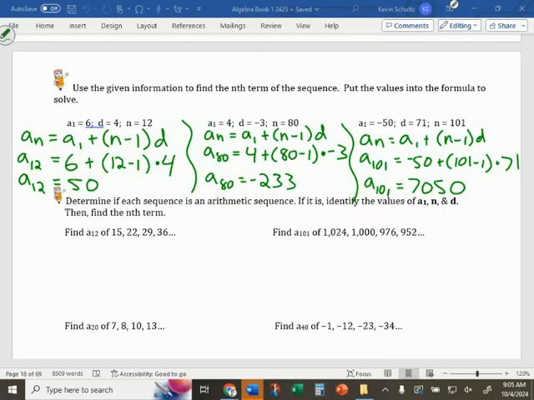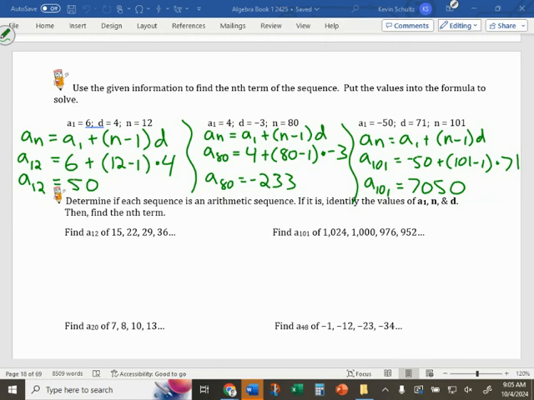If I tell you the first term is negative 50, that's where we start. That's why A1 is negative 50. Boys, we want the 101st term, which is why this n and this n are both 101. This essentially says the answer to the 101st term is whatever this formula is.